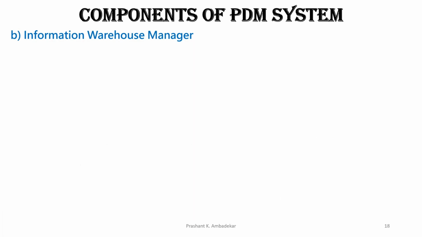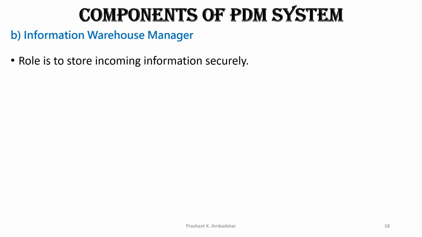The second component is information warehouse manager. So this manager is someone who is similar to the caretaker or the watchman, or maybe a supervisor. The role of the information warehouse manager is to store the incoming information securely.